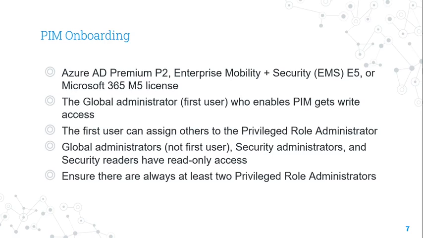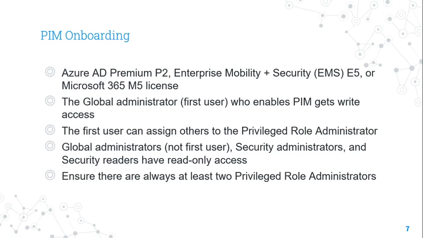Users or members of a group assigned to the owner or user access administrator roles, or global administrators that enable subscription management in Azure AD, are resource administrators. These administrators can assign roles, configure role settings, and review access by using PIM for Azure resources.